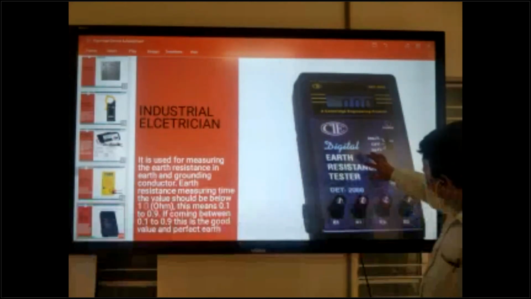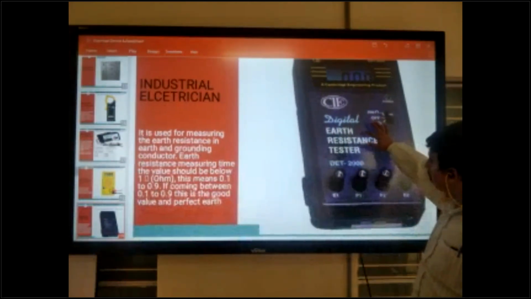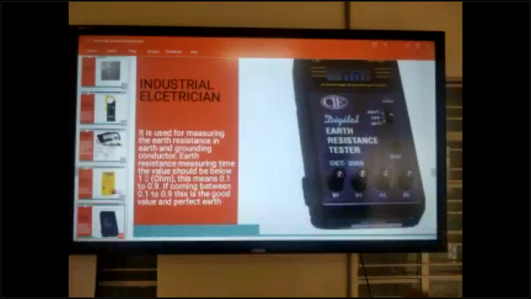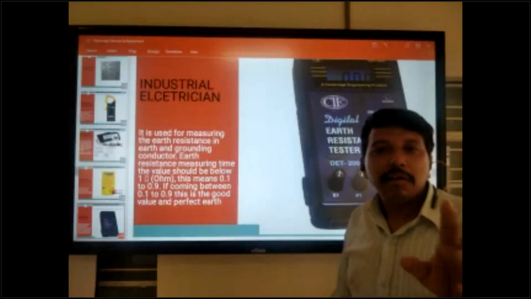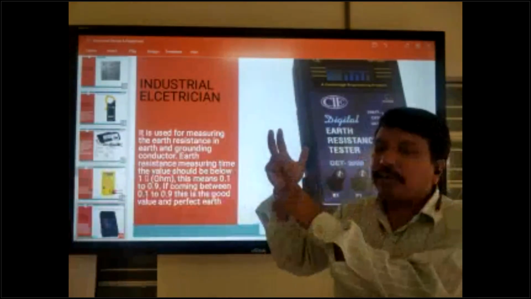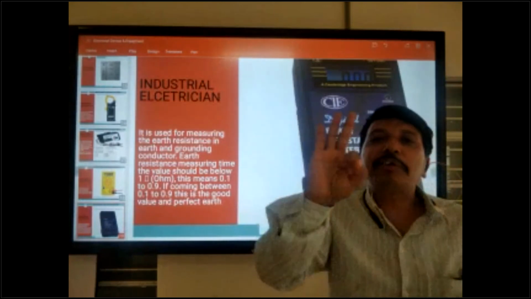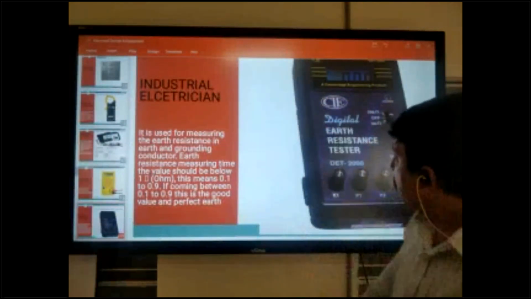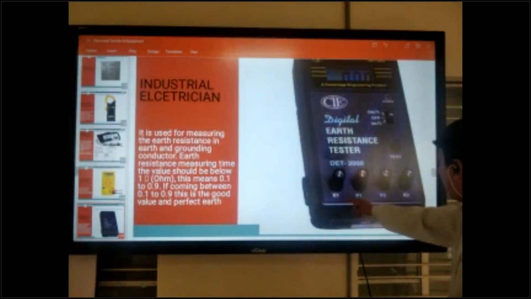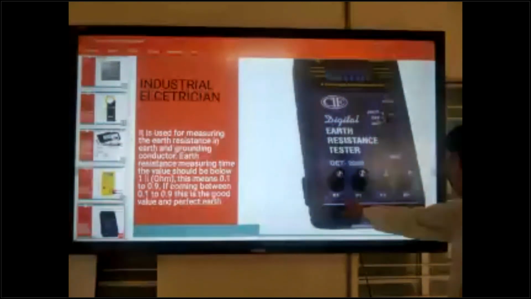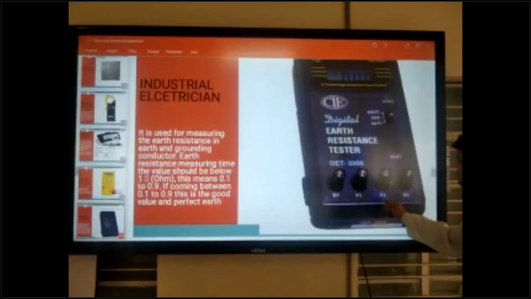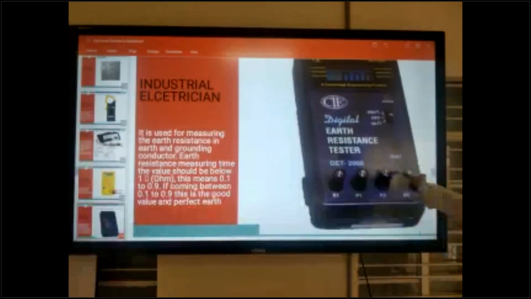Okay, the earth resistance tester has 4 terminals. The clamp meter, multimeter and Megger have only 2 terminals, but the earth resistance tester, you see, has 4 terminals: E1, P1, P2, E2. So we can check using 4 terminals at one time.